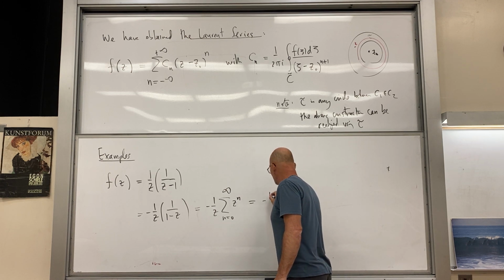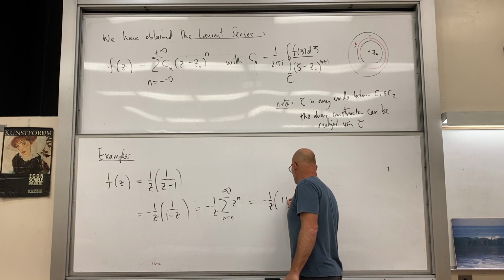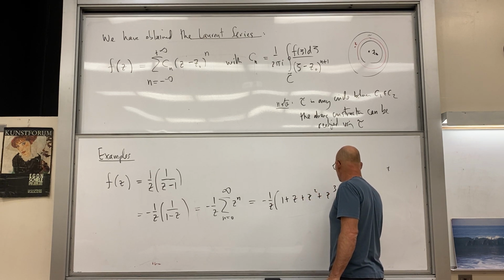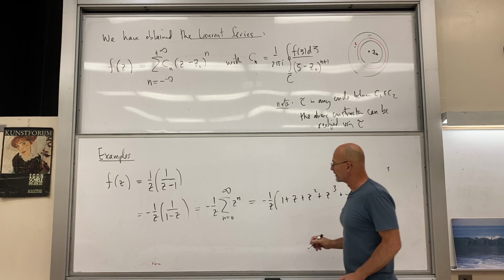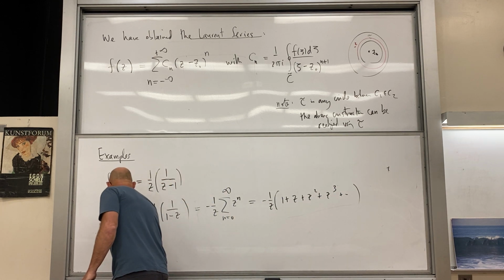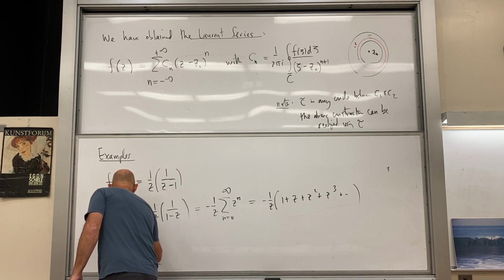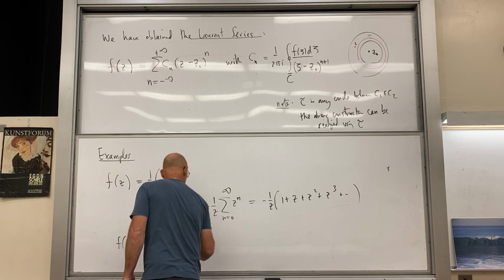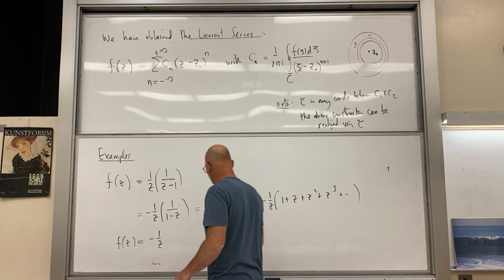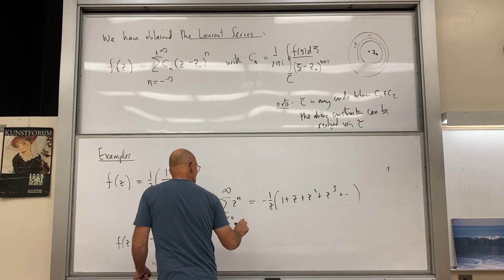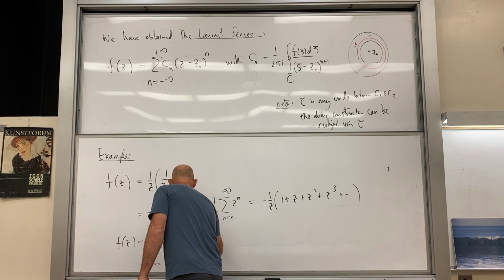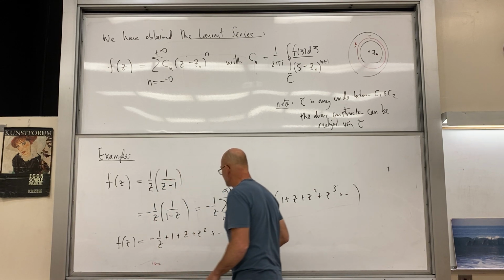1 plus z plus z squared. So what have we arrived at? Minus 1 over z, and then we'll just have the rest of these, plus 1 plus z, and so on.